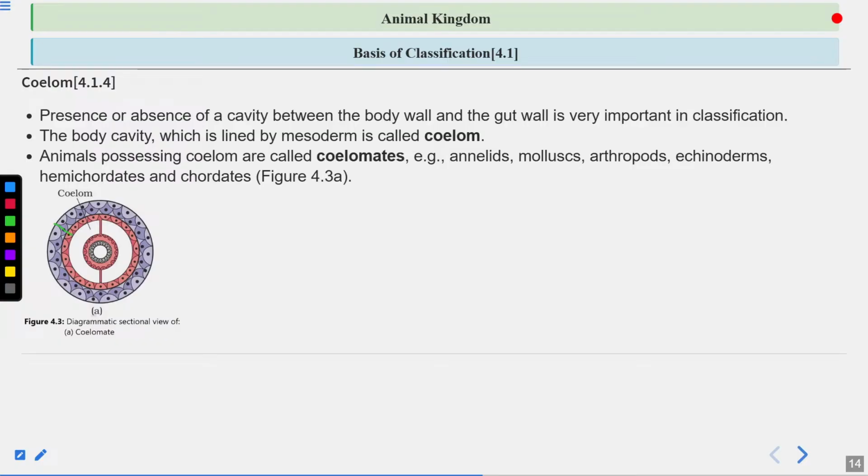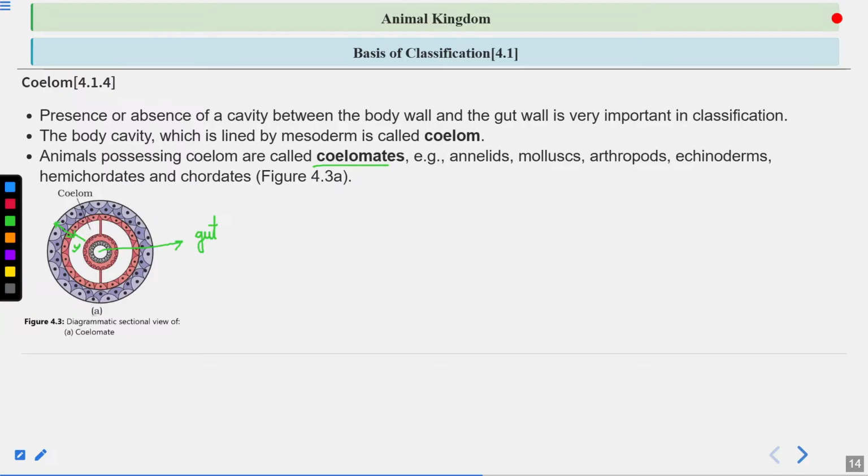So here you can see, this is the body wall, and this is the gut, the alimentary canal. What is the outer lining of this gut? The red color you see, that is the mesoderm. And here the body wall, what is this inner lining? This is again mesoderm. So this is the cavity, white color. This cavity is a true cavity.